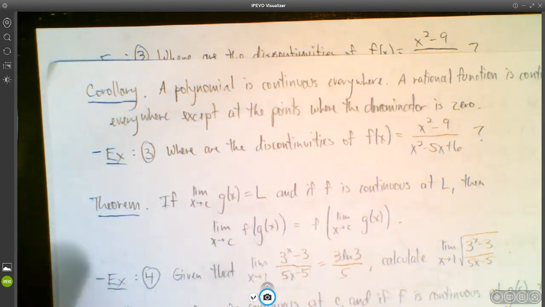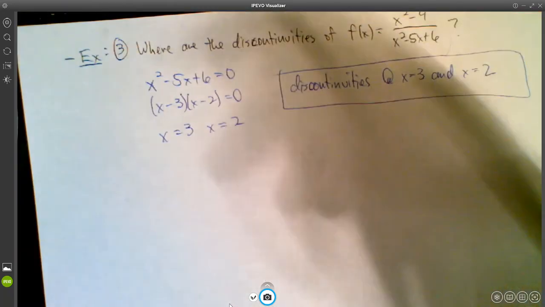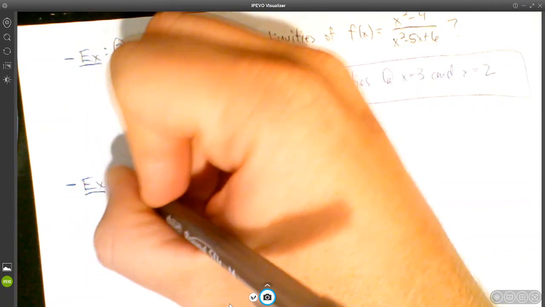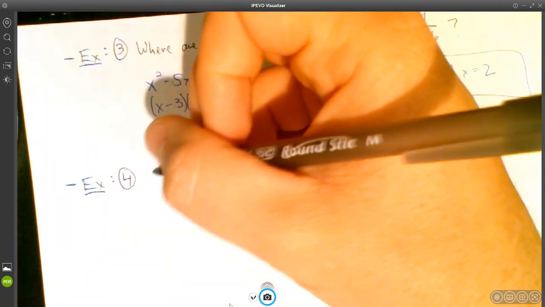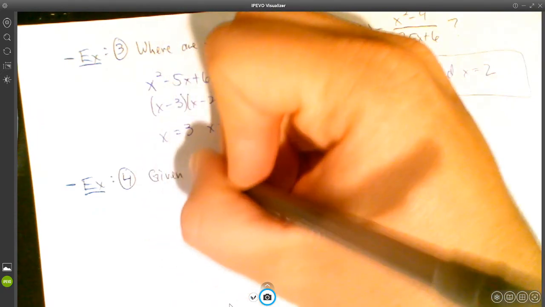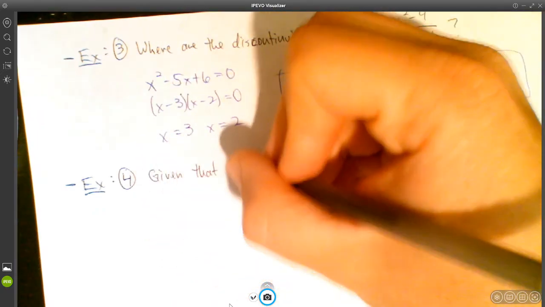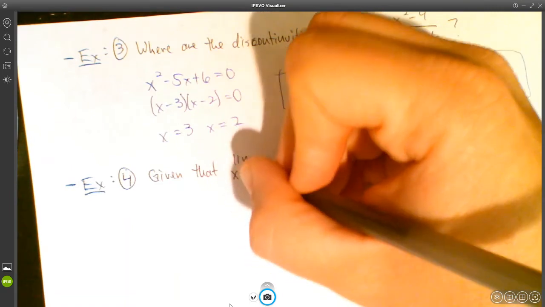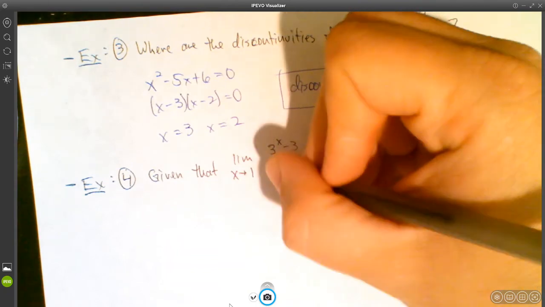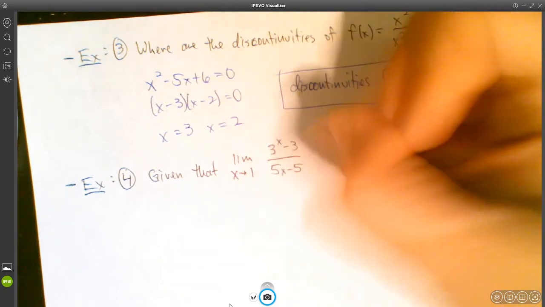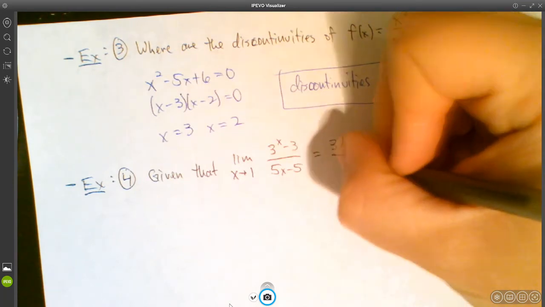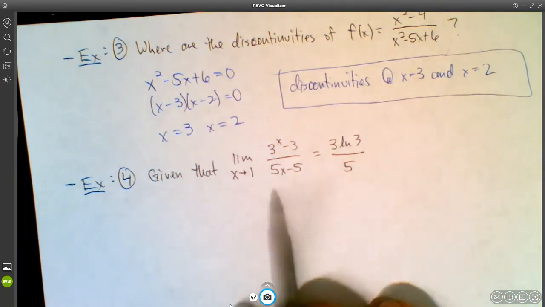But I'll give you an example of this. It allows us to find limits of certain functions a lot easier than we would otherwise be able to do. For example, given that the limit as x approaches 1 of (3^x − 3)/(5x − 5) equals 3 times the natural log of 3 divided by 5, and this is a true statement, by the way.